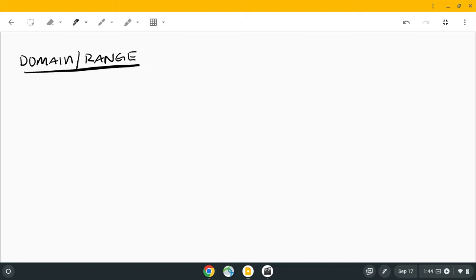But the domains: for sine and cosine, the domain is going to be all real numbers.